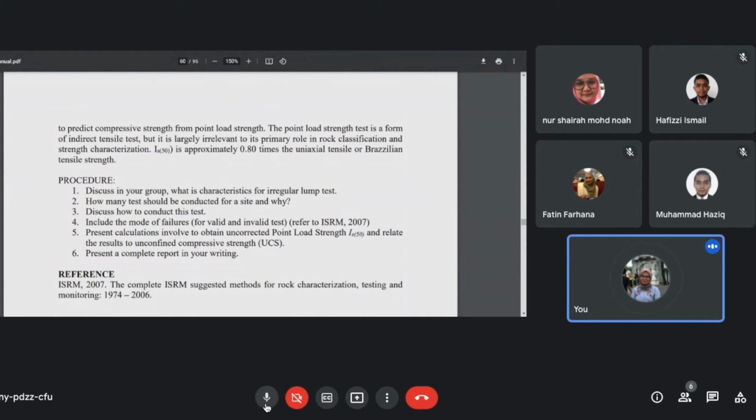Third, we discuss how to conduct the test. Fourth, include the mode of failure or invalid test. Next, we present the calculation involved to obtain the point load strength. Lastly, present a complete report with your writing.